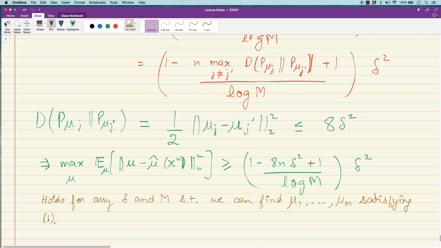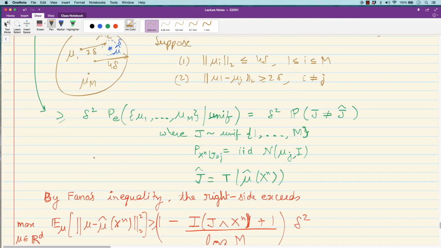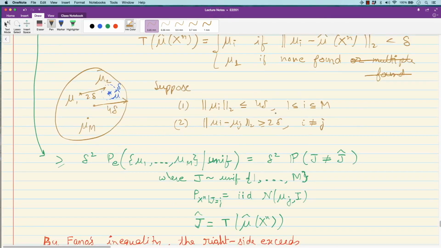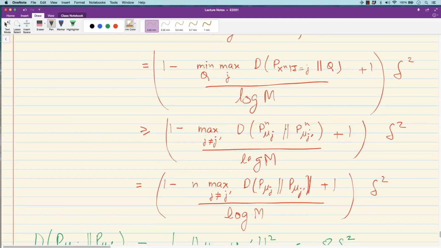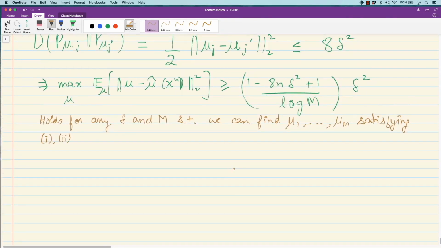What are these properties 1 and 2? All of them lie in a Euclidean ball of radius 4 delta, and any two are 2 delta apart. So such constructions are called packings.